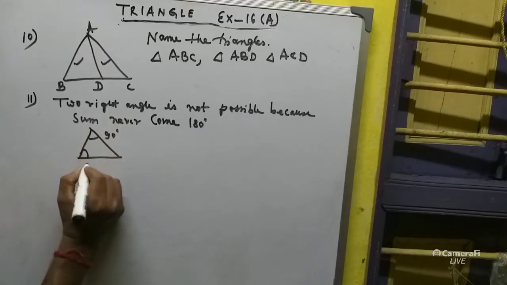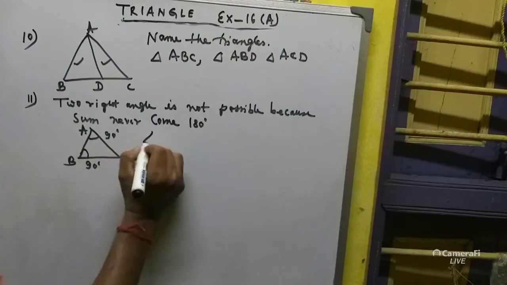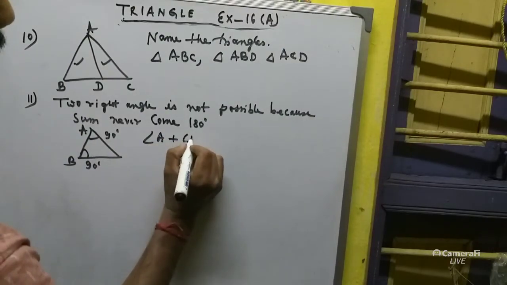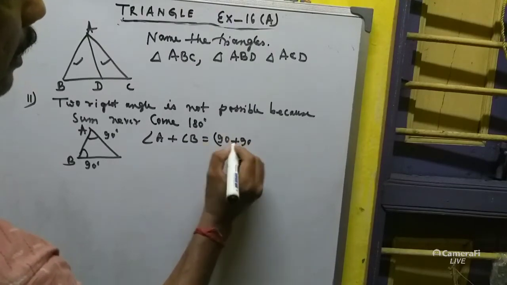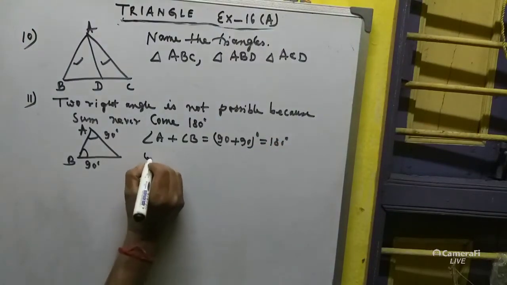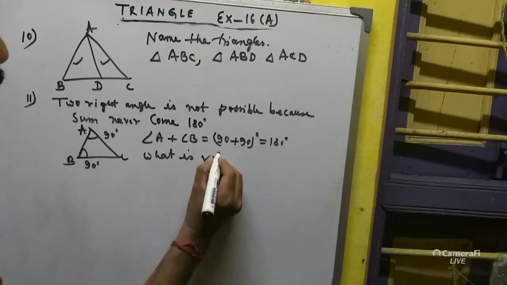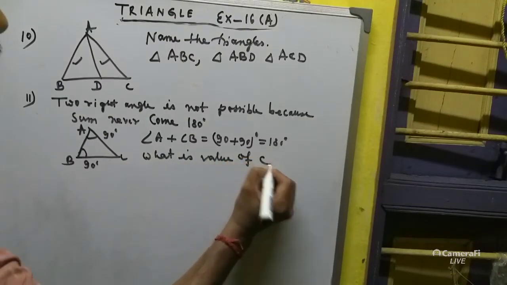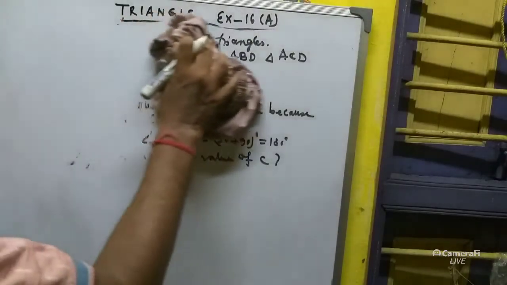Angle A plus B comes 90 plus 90, so 180. So what is the value of C? So it cannot be possible. In this way you explain it and tell me in the exam.